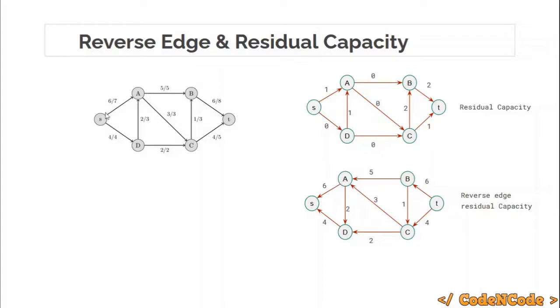You can reduce by 1 or 2 or 3 or 4 or 5 or 6, right? And that is what this reverse edge represents. It represents that you can reduce the flow by this amount.